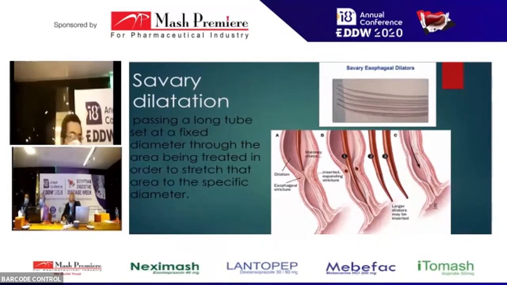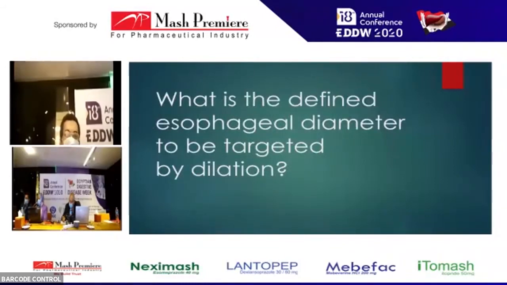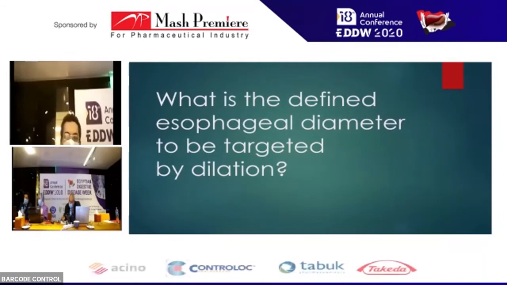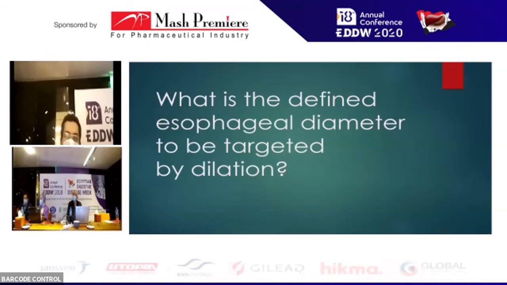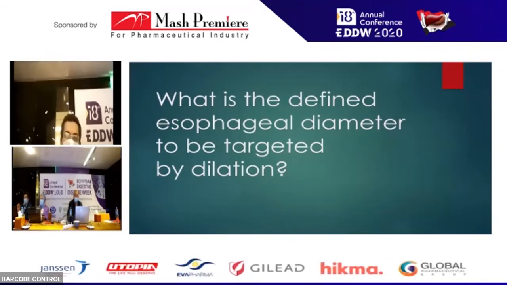And now the next question is, what is the defined esophageal diameter to be targeted by dilatation, Dr. Mohamed? This is an important question. If the patient has tight strictures, I must not dilate it to the target I will choose. Normal persons will not feel dysphagia except when the esophageal diameter is less than 15 millimeters.